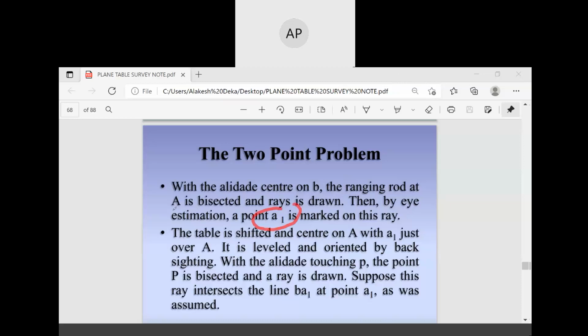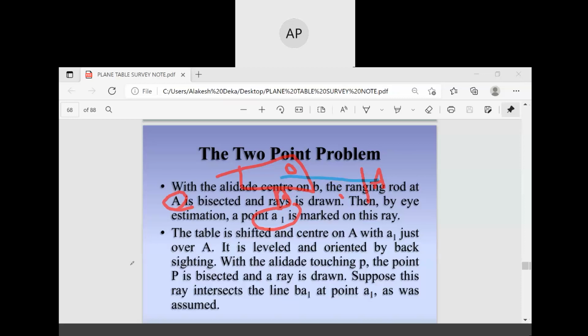So we have to find a new point A. Okay, so you put your ranging rod at A, and in the table you draw a line from B to A, and suppose it is 50 meters, so you draw it to a suitable scale. In the plane table you draw BA.